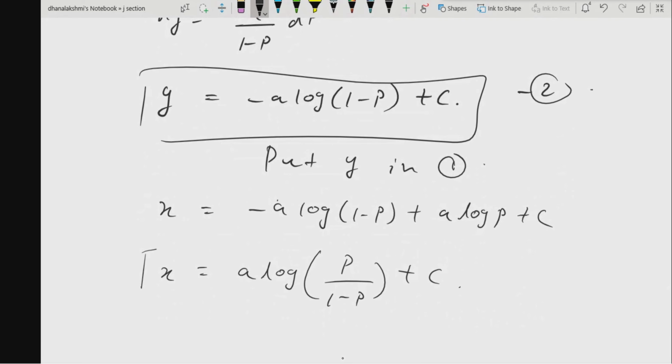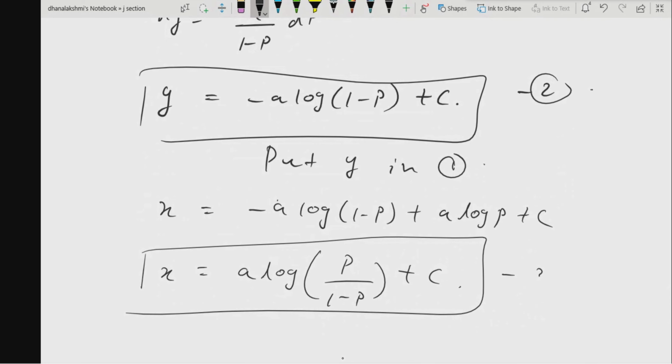So this 2 and 3 together will constitute the solution of the given differential equation. This you can write, or else you can find p in terms of e to the power something. That way also you can do. Both will be correct.